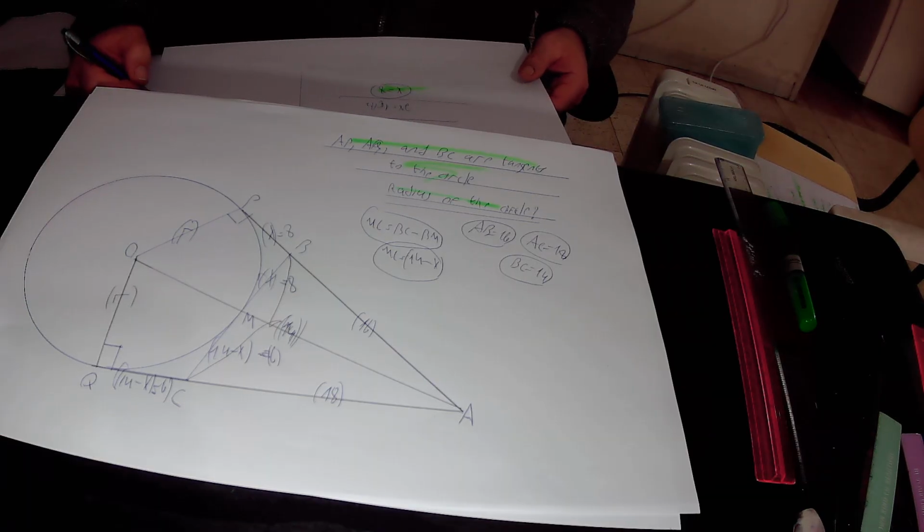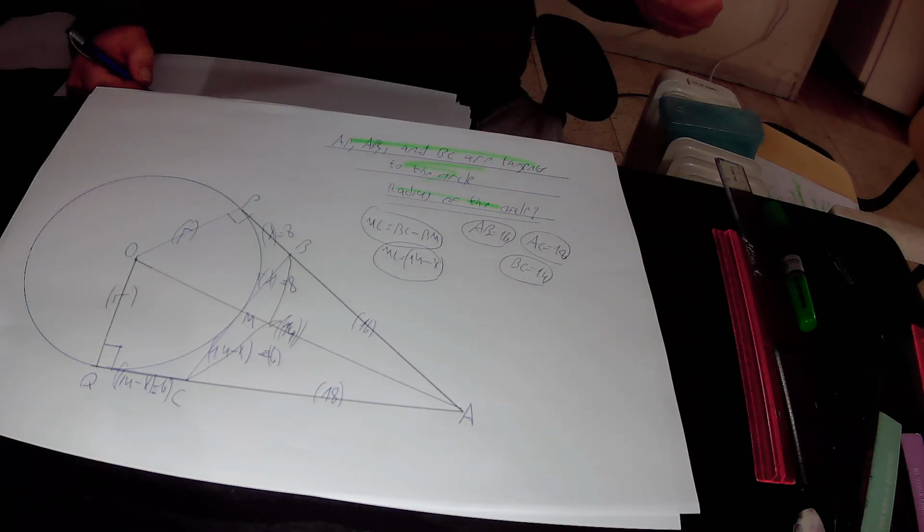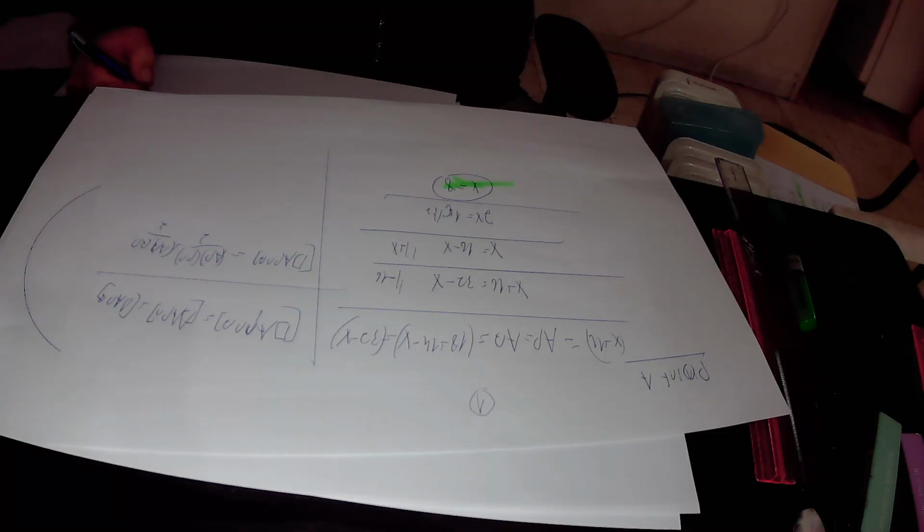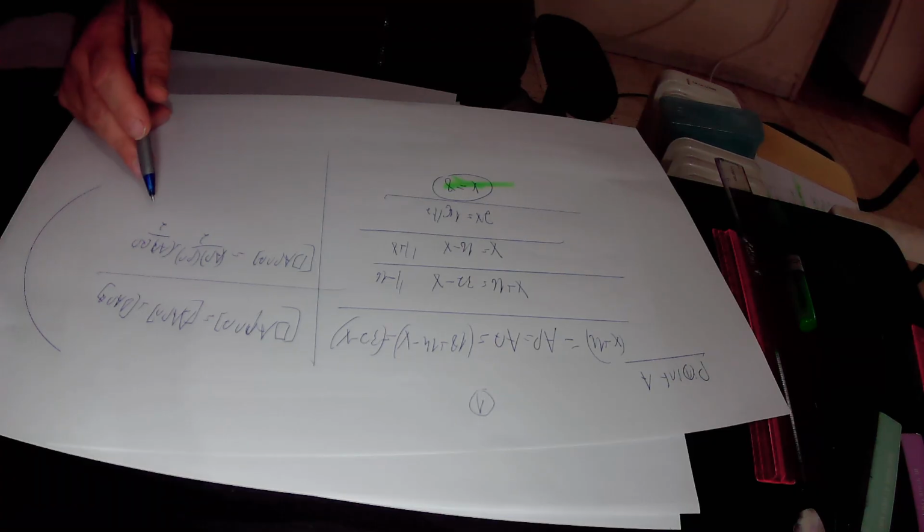This equals the base AQ times the height QO over 2.